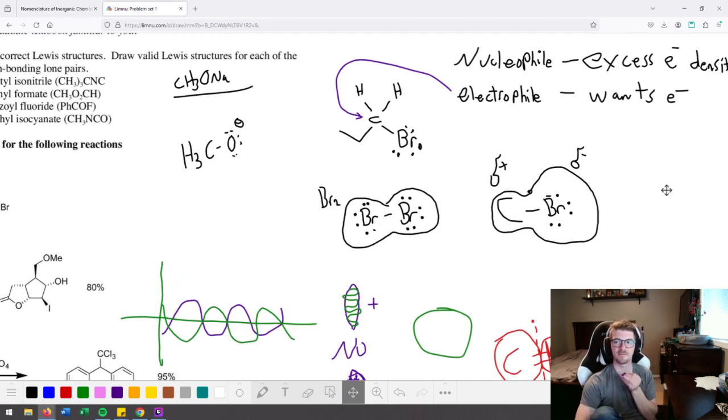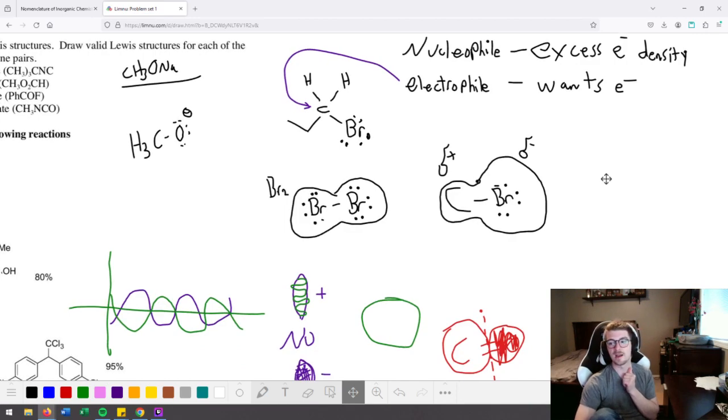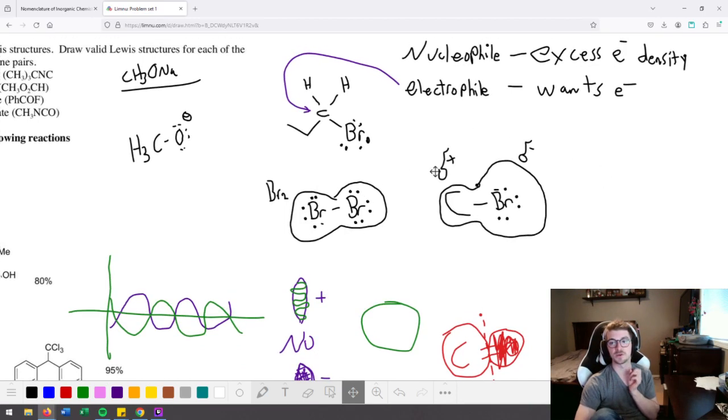Well, I want to be careful how I say this. Generally, in any kind of carbon-based chemistry, you have to have a polar bond in order to have these nucleophile, electrophile kind of labels.